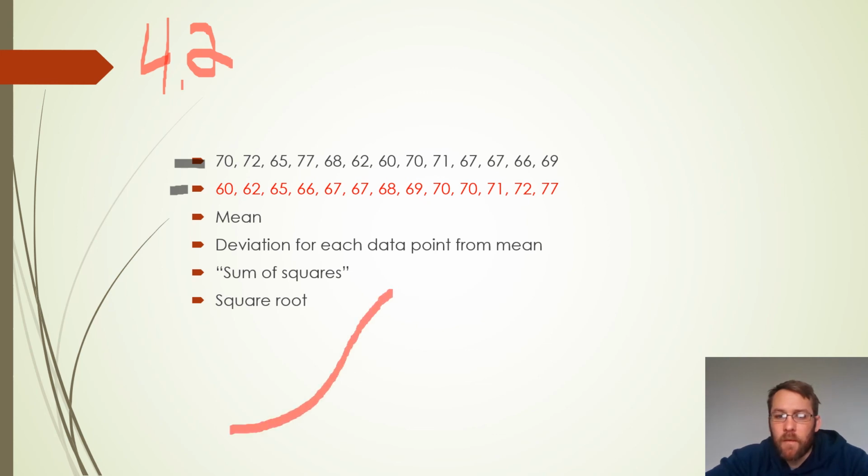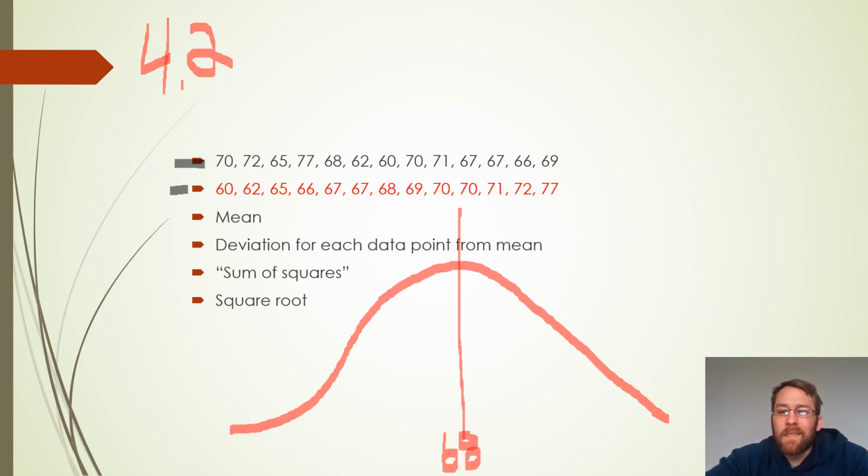All right, so here's my bell curve. This is my mean. My mean is 68 inches. The average student in my class is 68 inches tall. All right, 68 inches plus 4.2 inches is 72.2 inches.